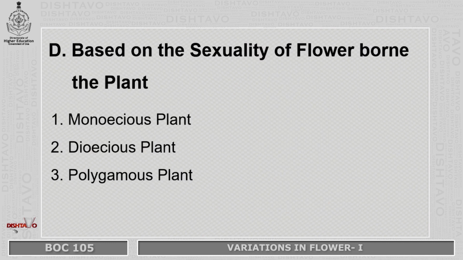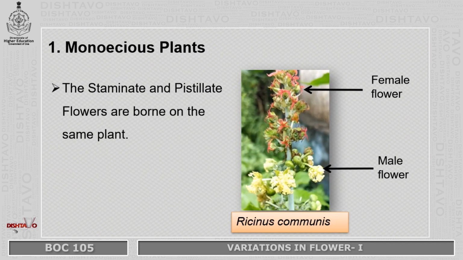Based on the sexuality of flowers borne on the plants, plants are classified into different types. These are monoecious plant, dioecious plant, and polygamous plant. In monoecious plants, the staminate and the pistillate flowers are borne on the same plant. In the image, you can see the Ricinus communis inflorescence showing the male flowers and the female flowers.